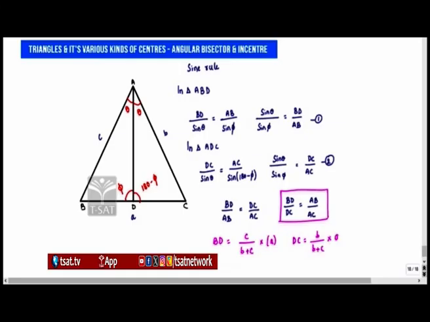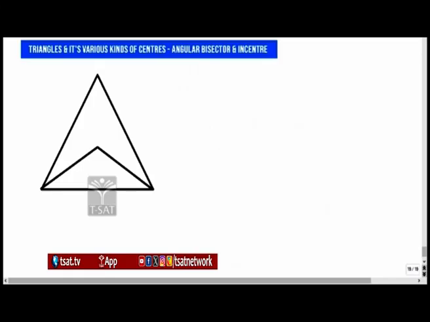Now, here in this triangle, I am taking two internal angular bisectors. Let the triangle be ABC. Here BD and CD are the angular bisectors of triangle ABC.